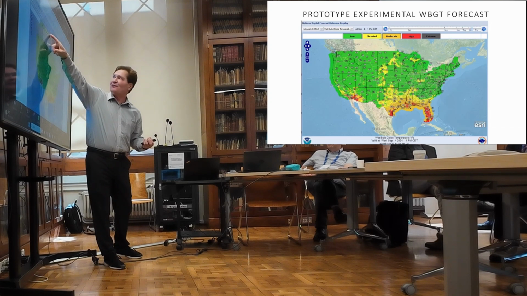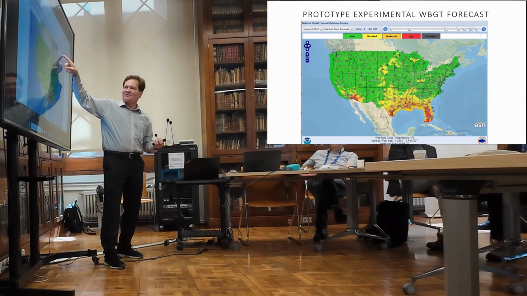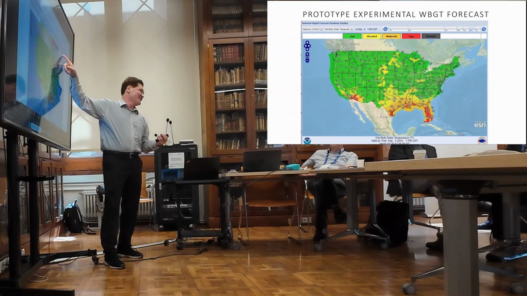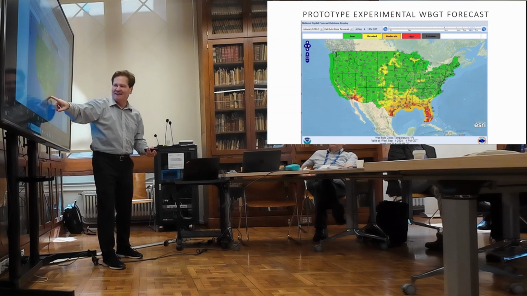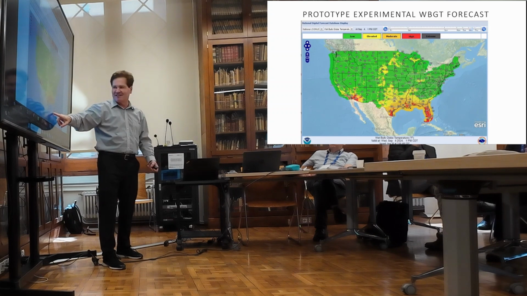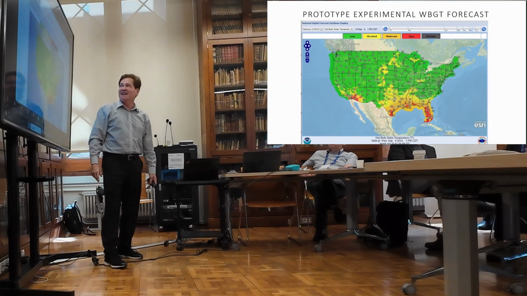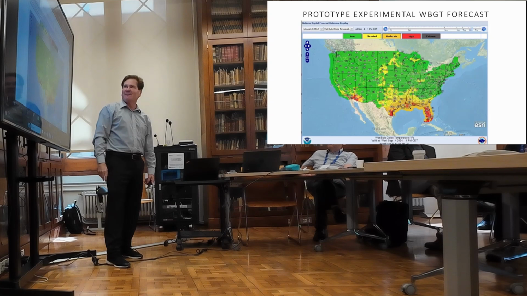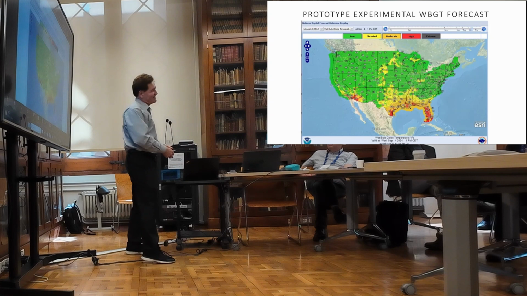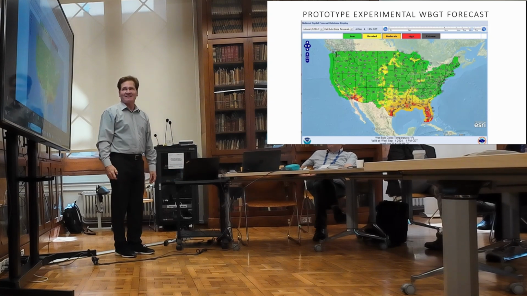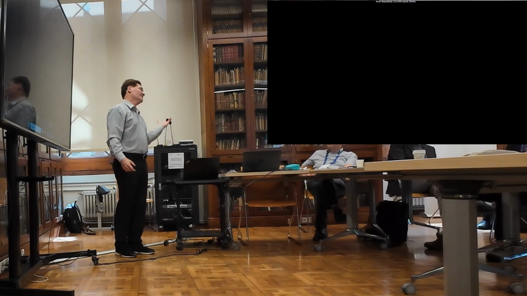I pulled this on Friday. This is the forecast for today, 5 days out, trying to forecast the wet bulb globe temperature. You can kind of see there, obviously, the southeastern states in the United States are where it's hottest and humidest. So that is, I guess, growing in importance in the United States, and that's just how we applied a few indices.